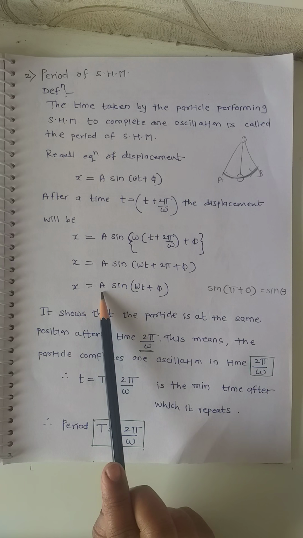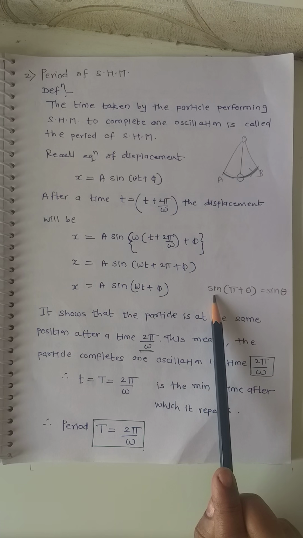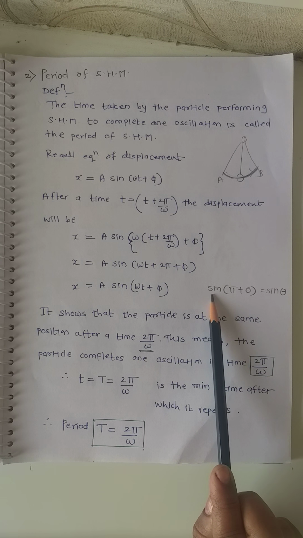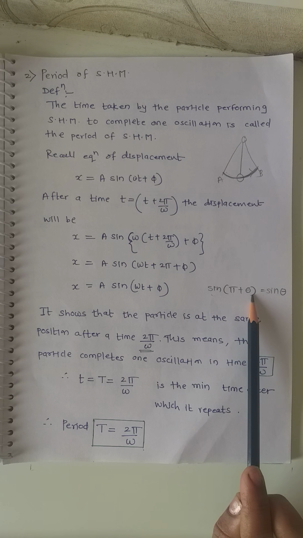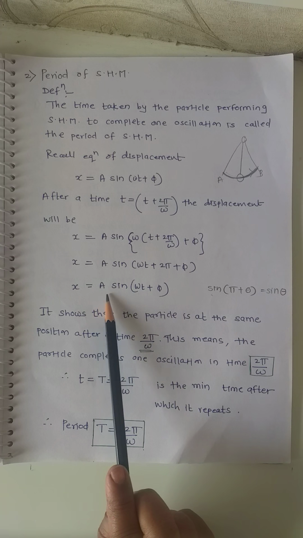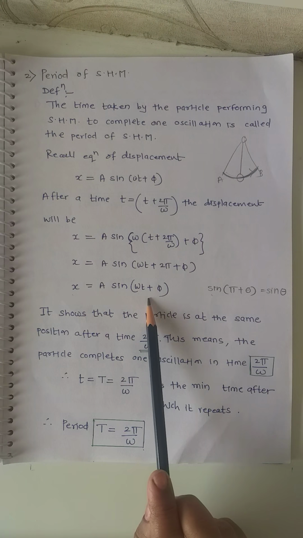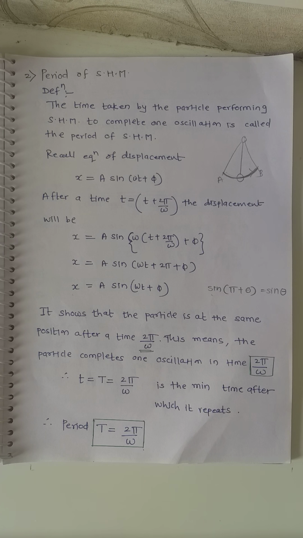Now we get a sine omega t plus phi because of the identity of sine, that is sine of 2 pi plus theta is equal to sine theta. So we are again getting the same equation, x is equal to a sine omega t plus phi. This shows that the particle is at the same position after a time 2 pi by omega.